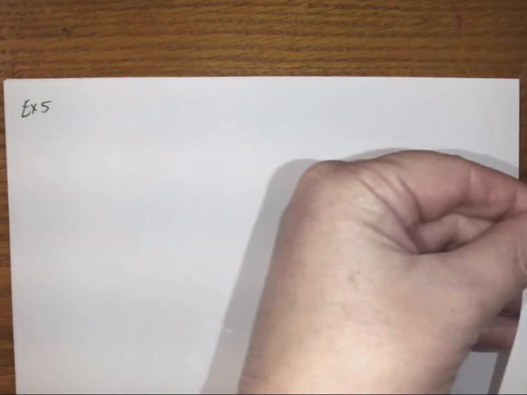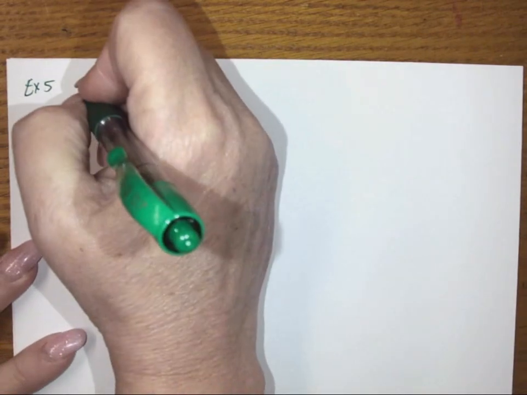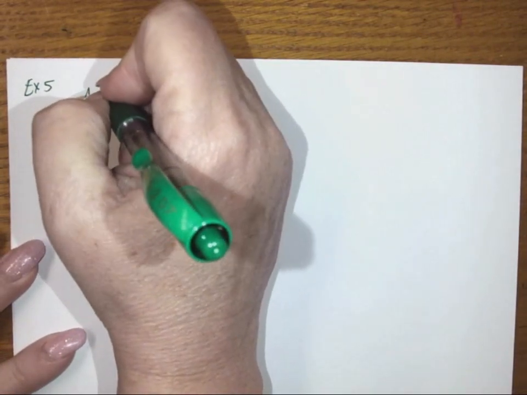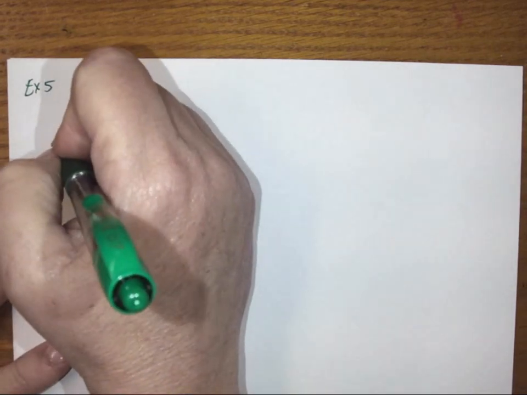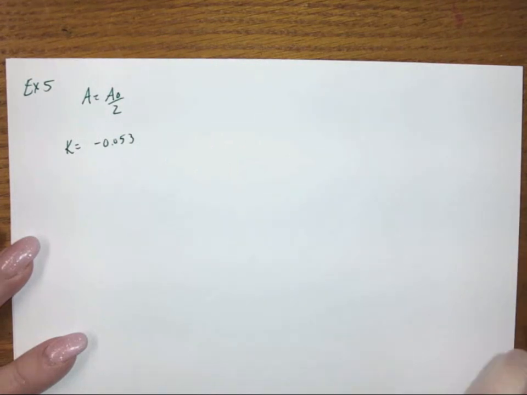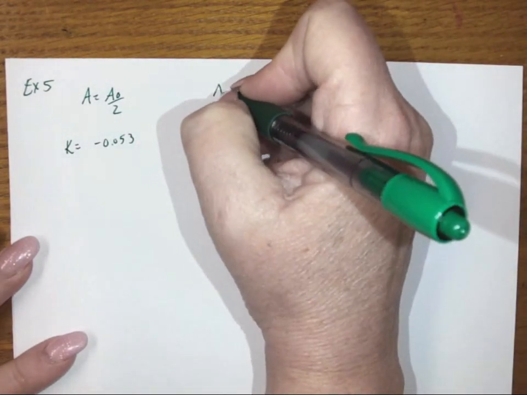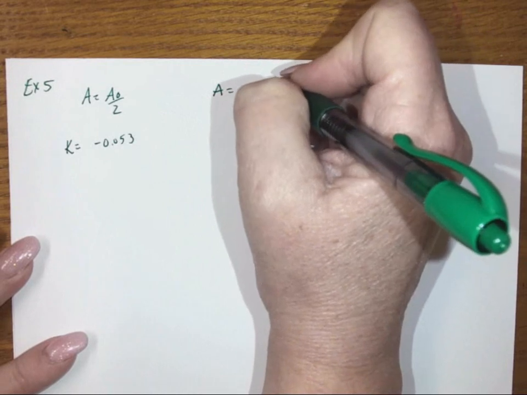So let's go work at this problem. So again, we have A is equal to a sub naught over 2, and we are given that k is equal to negative 0.053. Our original equation is A is equal to a sub naught e to the kt.